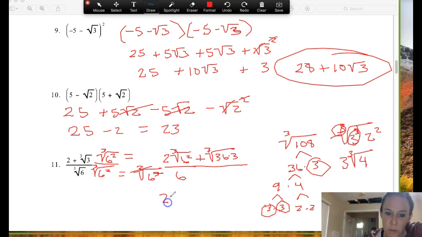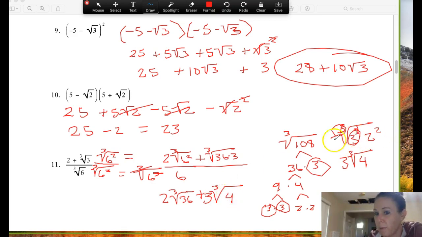So we've got 2 times the cube root of 6 squared, which is 36. It's like a little puzzle, right? And then here, you're looking for anything that will be a perfect cube, and we found one, 3 cubed. So break it into its primes if you have to. This is 3 on the outside, times the cube root of 2 squared, which is 4.